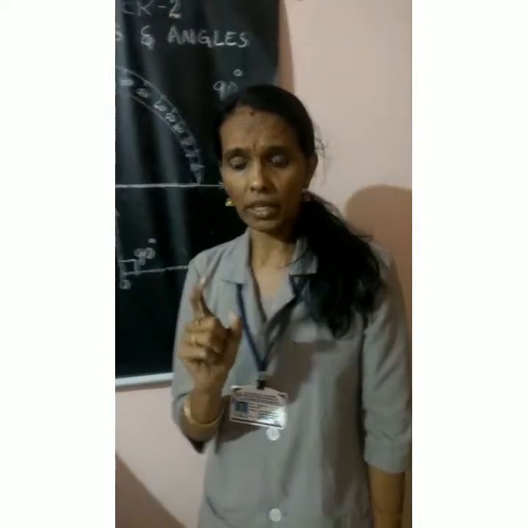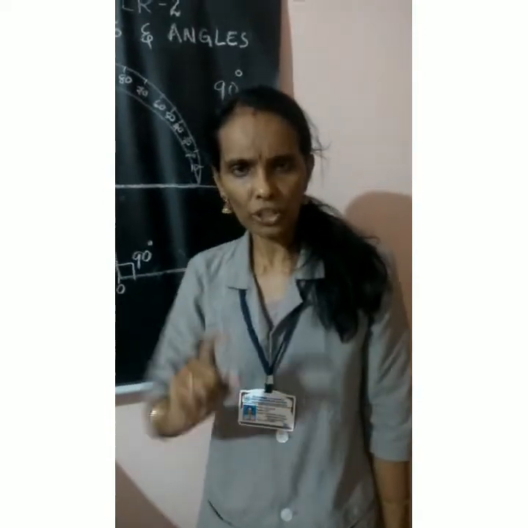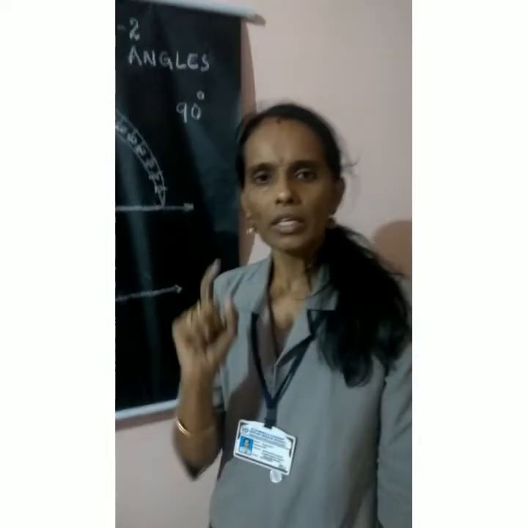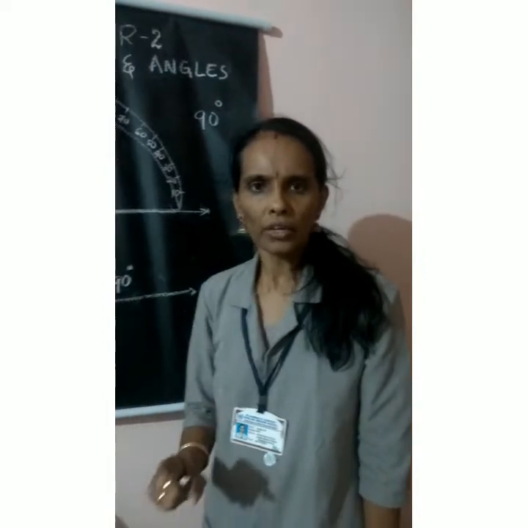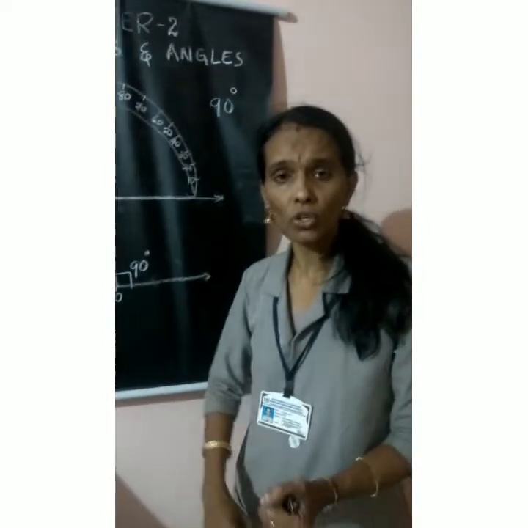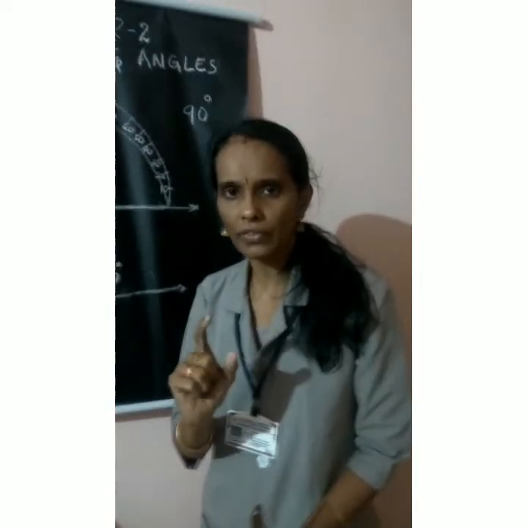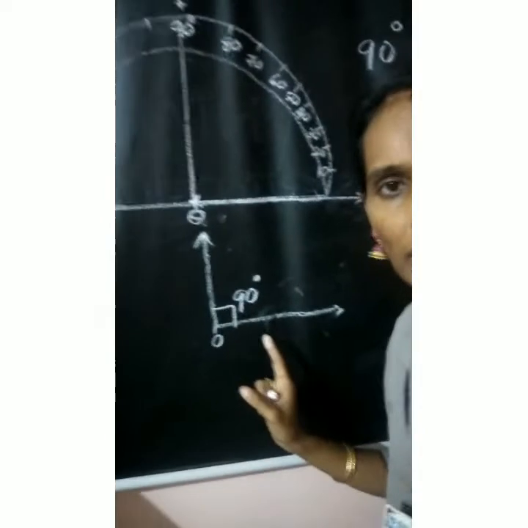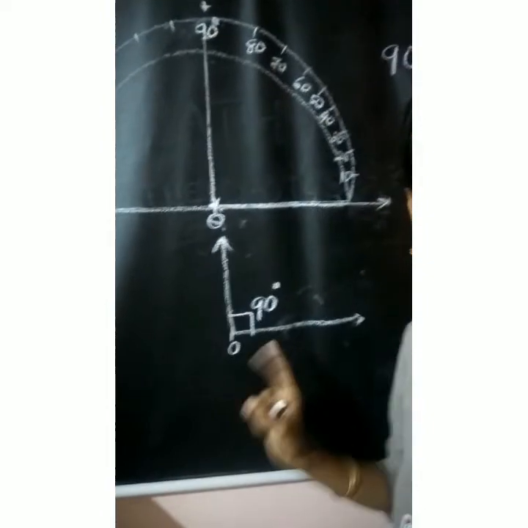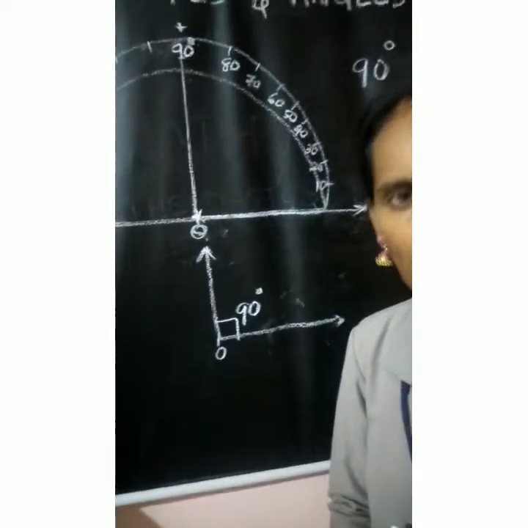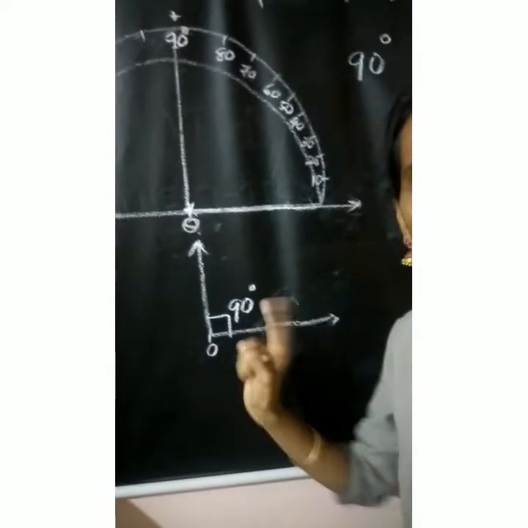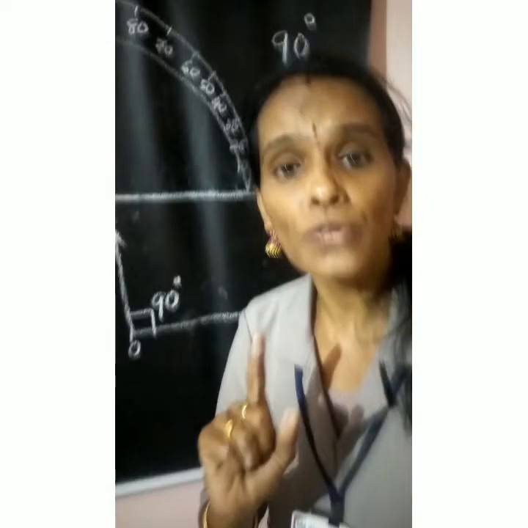Before we go into the classification of these angles, we must know that all the angle classification is based on this 90 degree angle. That is why I first taught you how to construct a 90 degree angle. A 90 degree angle is known as a right angle.